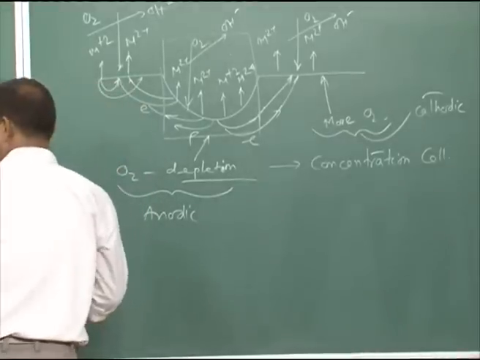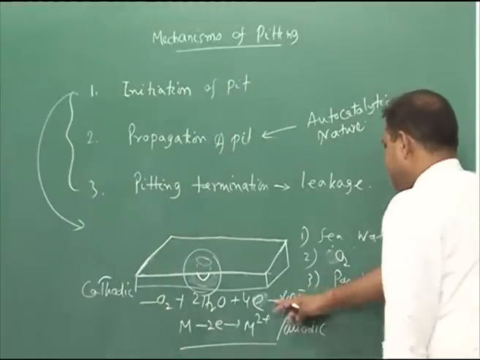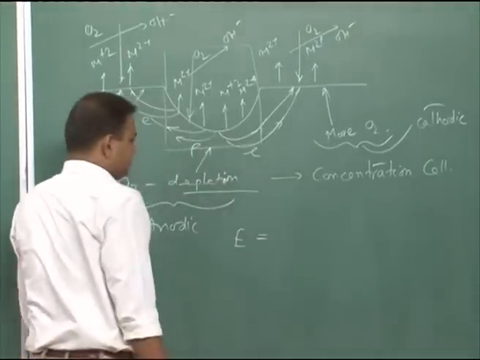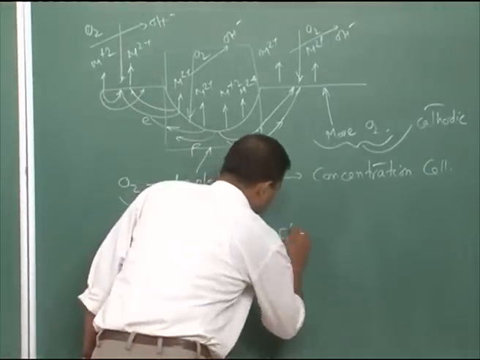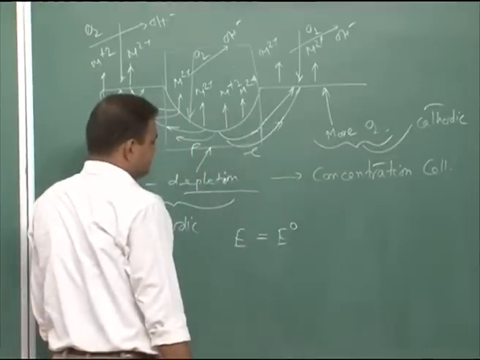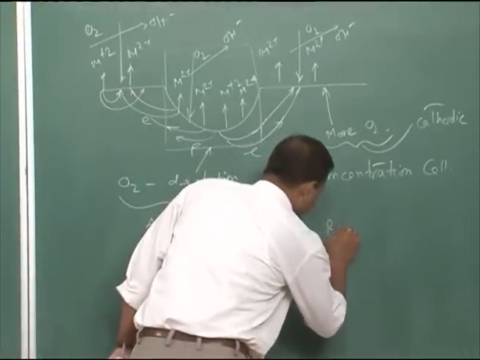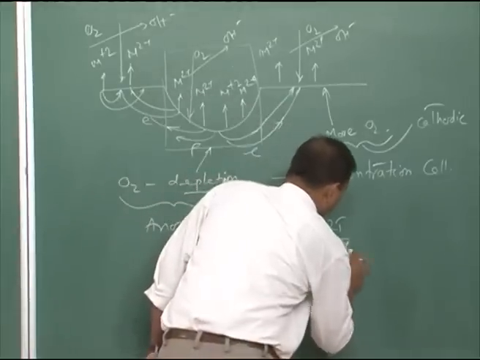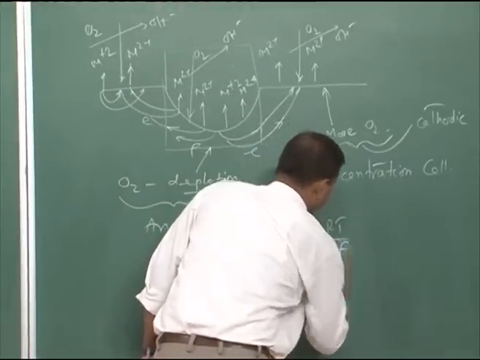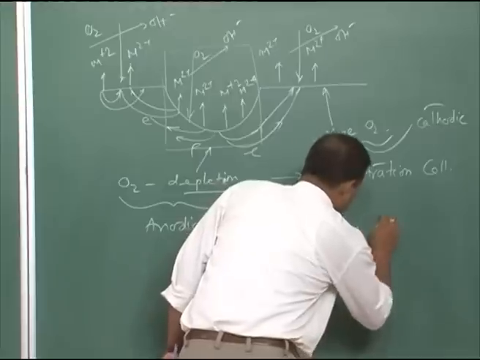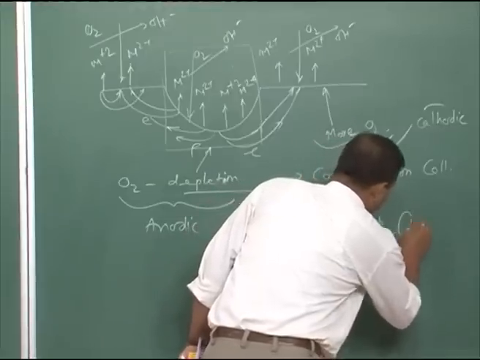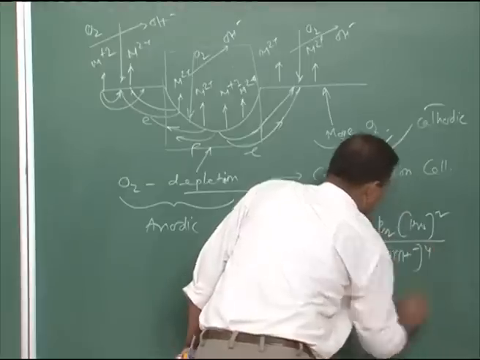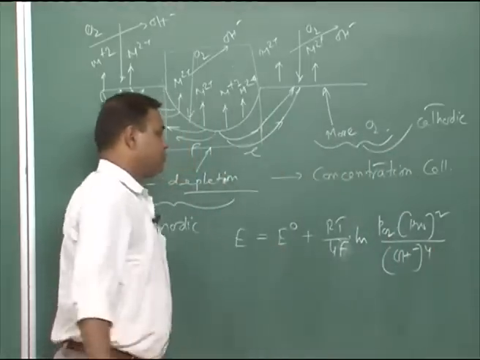Because if you see this reaction, we can write it in terms of potential: E0, the standard reduction potential, plus RT over 4F ln of PO2 over the OH minus concentration to the power 4. So, this is my equation.